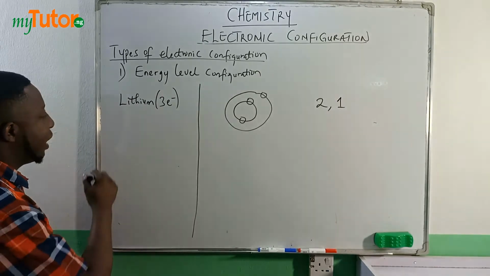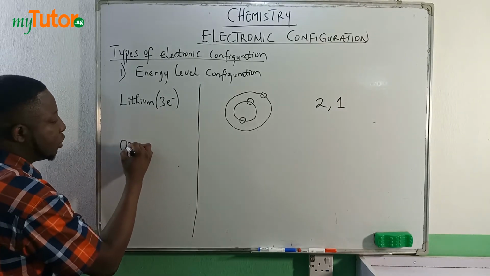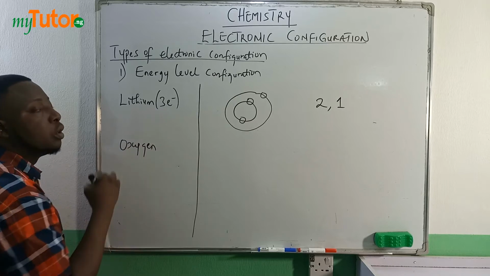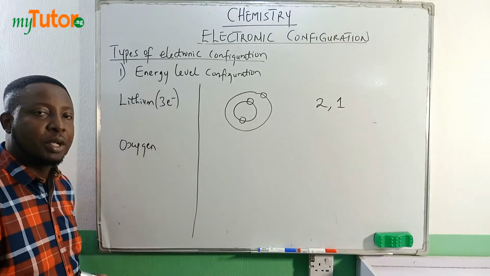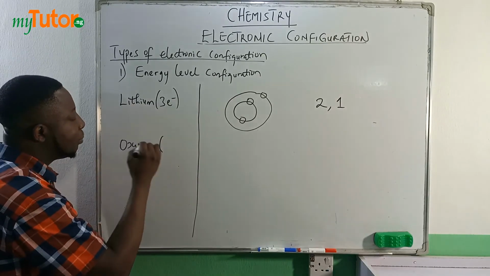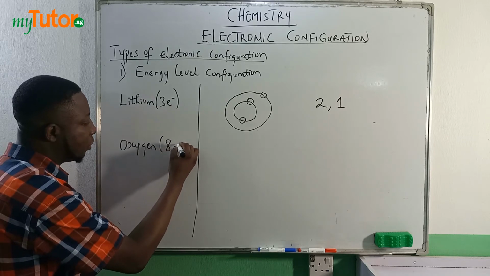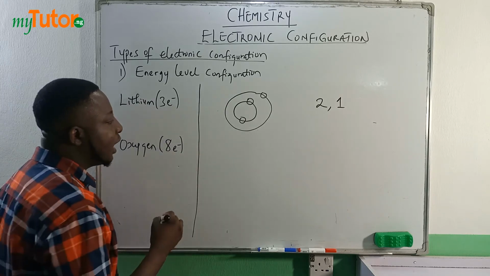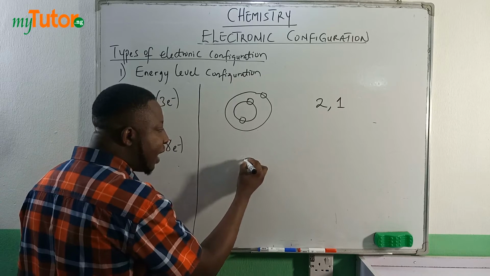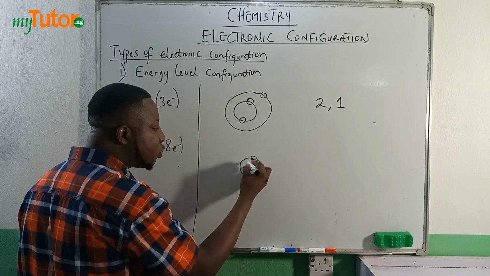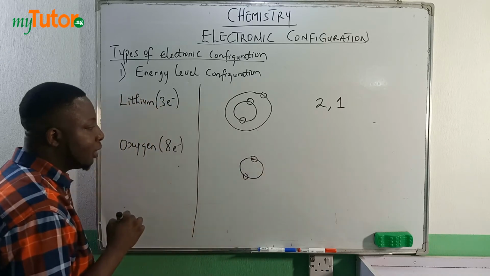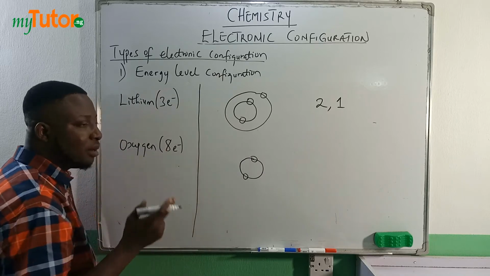Let's consider another element called oxygen. Oxygen has atomic number of 8, which implies that oxygen has 8 electrons. So if we look at the structure of oxygen, the first energy level will have 2 electrons. Now if you remove 2 from 8, the remainder is 6.